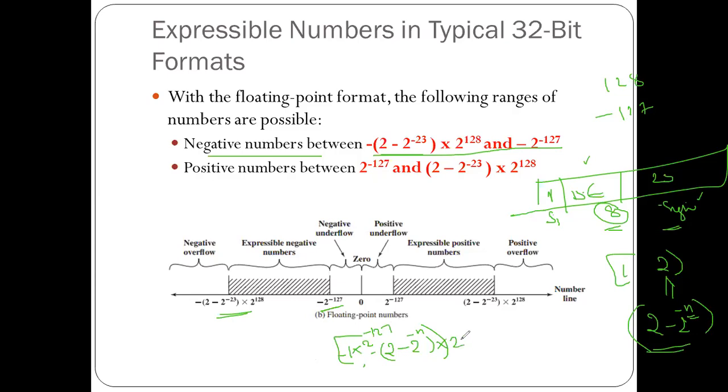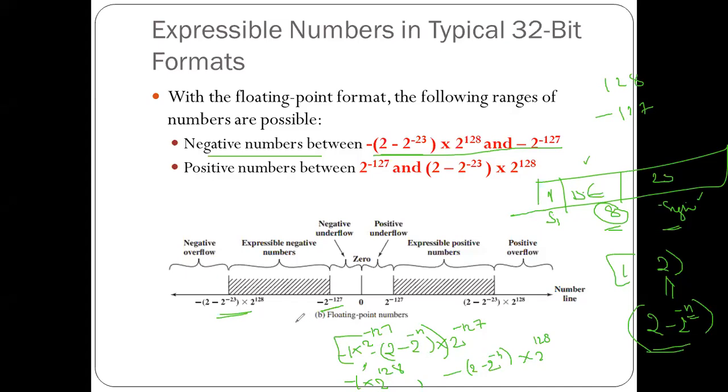For the maximum value, minus 1 into 2 power plus 128, and minus of 2 minus 2 power minus n into 2 power plus 128. These are the 4 possible values that we come across after adding all the extreme conditions.